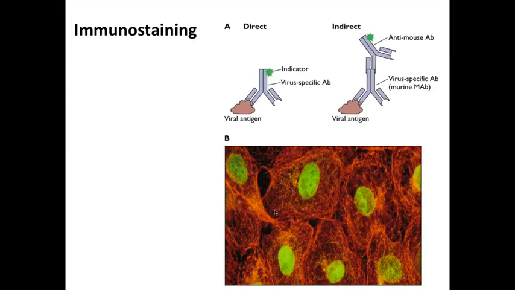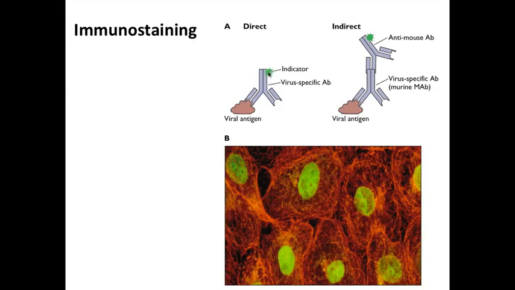So this is in panel B a cell monolayer infected with a herpes virus, and the cells have been stained or incubated with an antibody to a herpes viral protein. And there are 2 ways that you can detect the presence of the antibody binding to your viral protein, either directly or indirectly. You can label the antibody itself with a fluorescent indicator so that the indicator will fluoresce, say, when you put ultraviolet light on it.